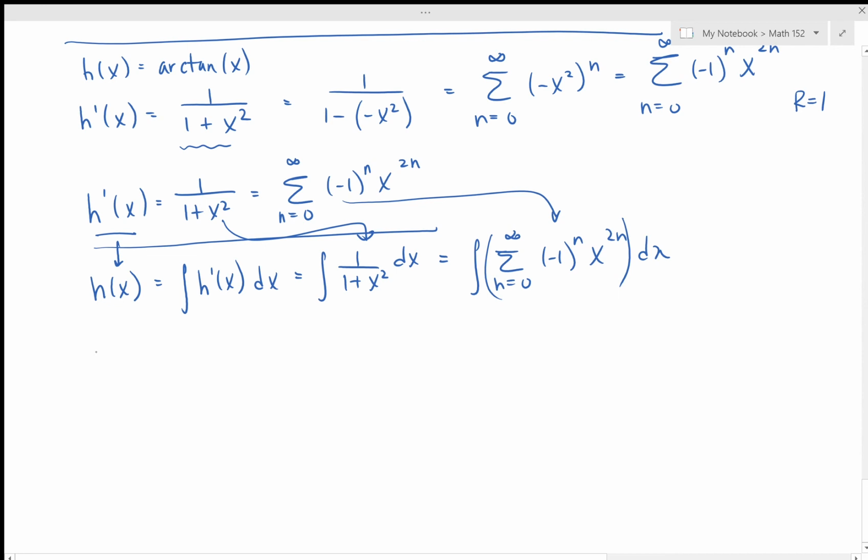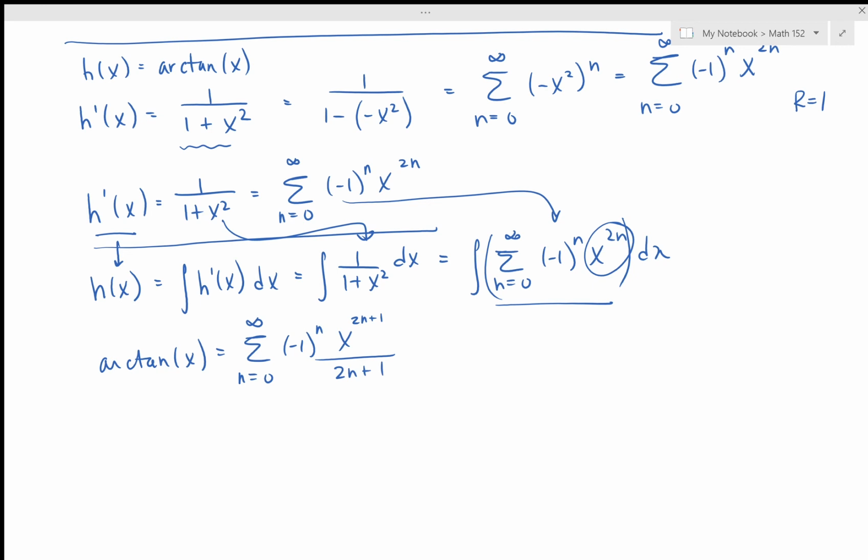So let me just do it directly from here. I'm integrating that there, and that's going to give me the sum n equals 0 to infinity of minus 1 to the n. And then when I integrate this, I get x to the 2n plus 1, and then I'll need to divide by that 2n plus 1 to keep the coefficients correct. So there I have my power series for the arctangent function.